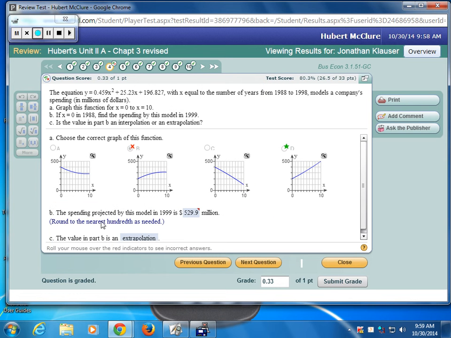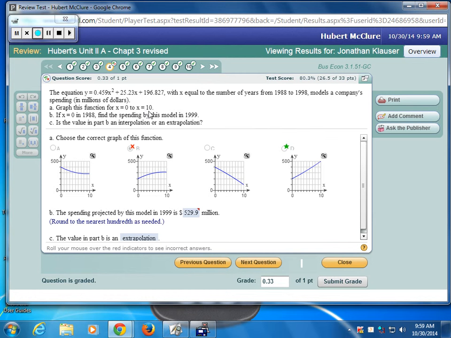Now, what's it asking? The spending projected by this model in 1999. Well, you have to remember, x is equal to the number of years. 0 is 1988. So 1999 would be 11.